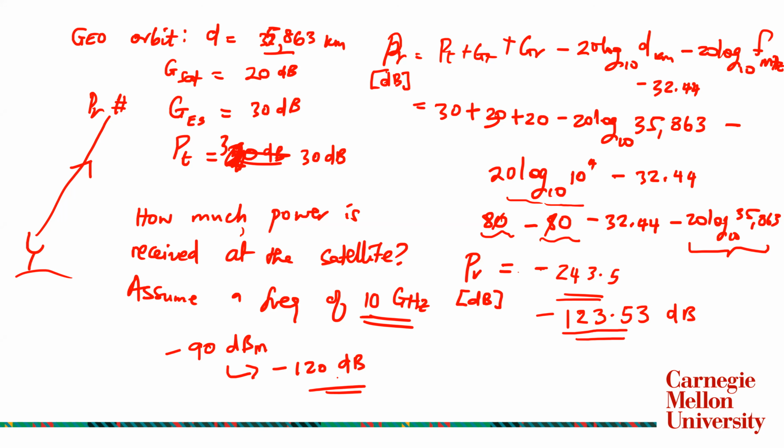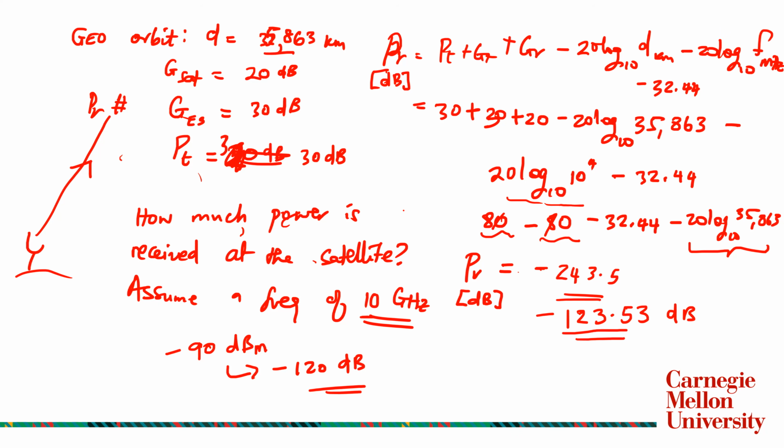So if your smartphone can receive negative 120 dB, then the satellite can certainly receive negative 123.53 dB very easily. We may have to look up the thresholds for the satellite.